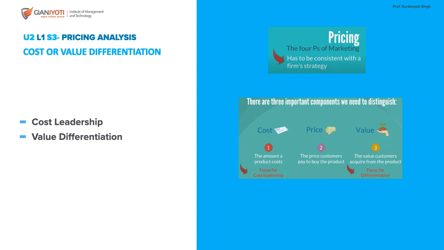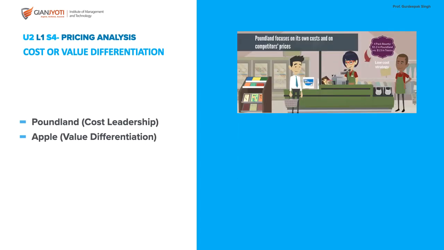On the other side, I want to add value and I want to differentiate myself or my company or my product with the value that is attached to the product. And the customer will only look at that value and is ready to pay any price for that value. So let us take two examples. Now there is this chain in the UK which is Poundland, where what they do is they focus on their cost and the competitors' prices.